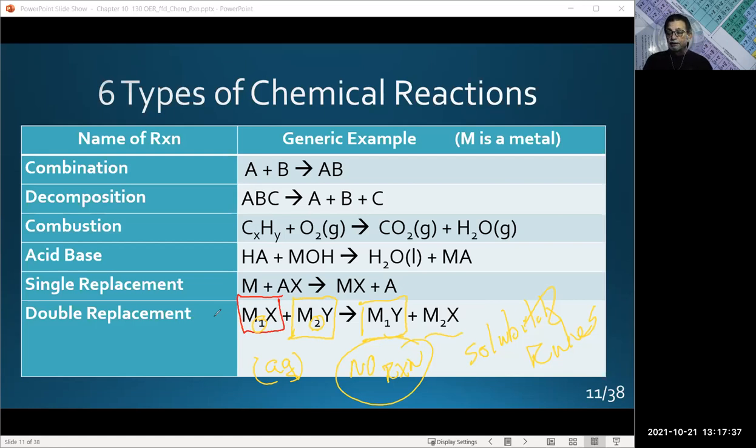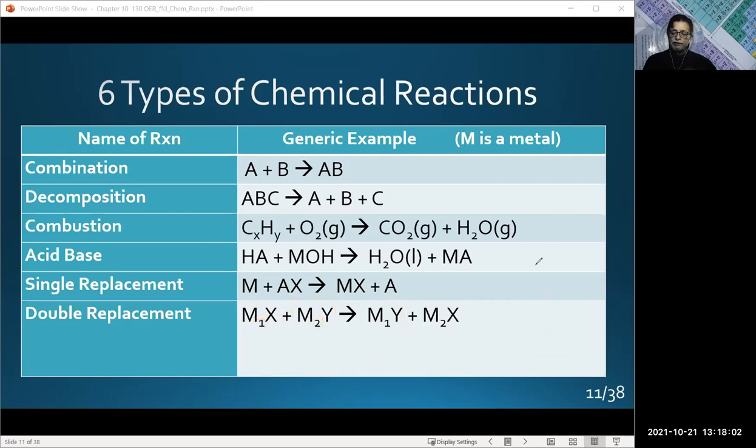Now, to balance these, like we did in that example on that slide, we follow the polyatomic ions. You follow those polyatomic ions, most of them you follow the anion, and you'll see that they will balance out by themselves, okay? We'll do some more examples of these.